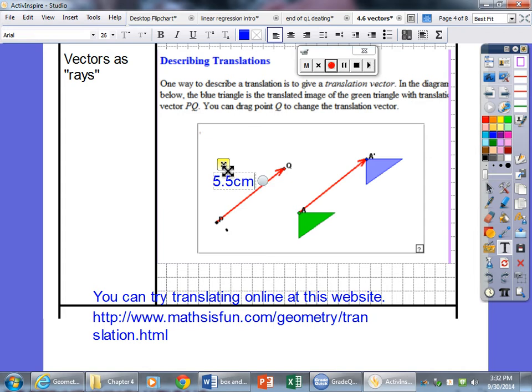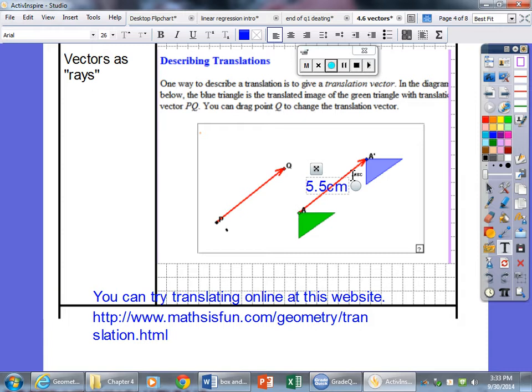So what I need to do is start down here on my A of my triangle, and measure a distance that's the same 5.5 centimeters, but I need my ray to be parallel to this original ray that's showing right here. So I need to make sure that the direction of the ray is the same, and to make sure the direction is the same, I would use a parallel vector. And then I would measure this out, and I might even move it one point at a time.